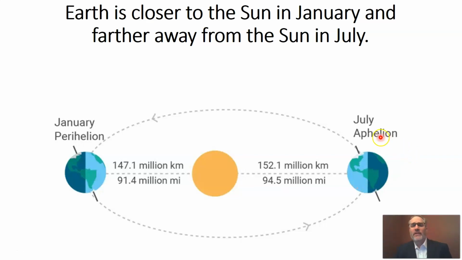And here should be the evidence that you need. So in January, in the northern hemisphere, okay, so here's January when we're here. In January, which we would expect to be the coldest months, right? That's right in the middle of winter. It says here that Earth is about 91 million miles away. Okay, so let's compare over here.